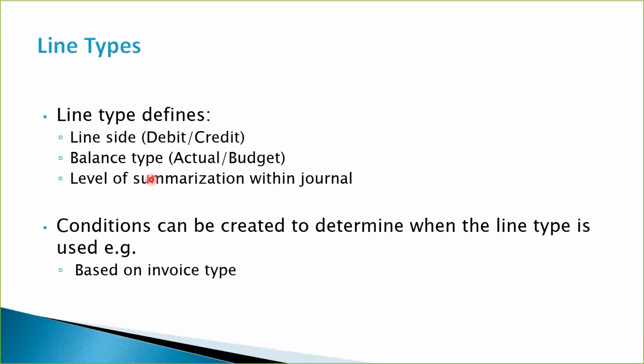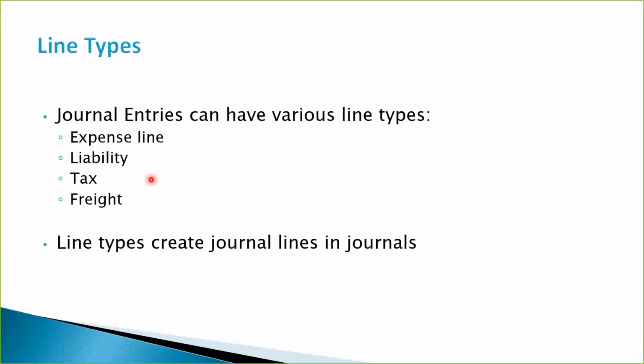So what does a line type define? We have already said this: the side of the line, whether it is a debit or a credit. If it's an invoice, for example, an invoice will have an expense line, and it also has the liability.